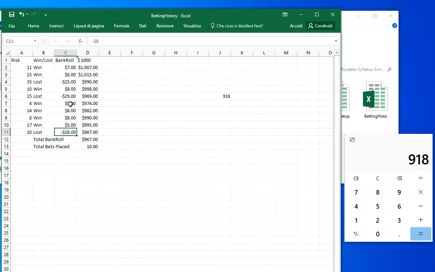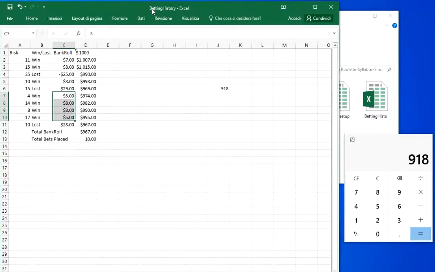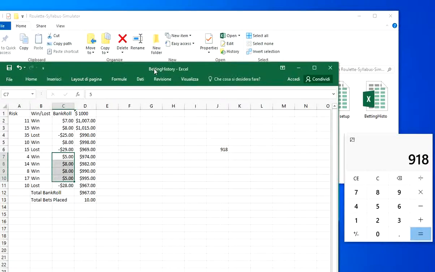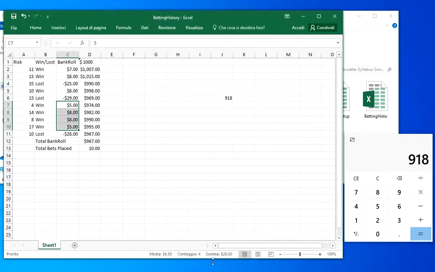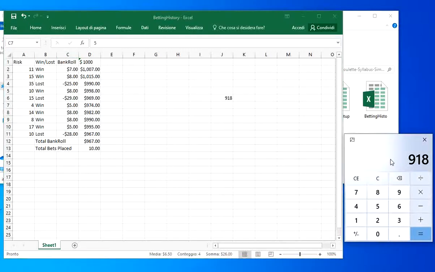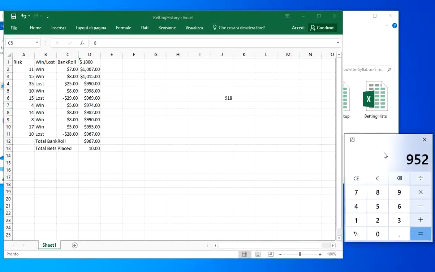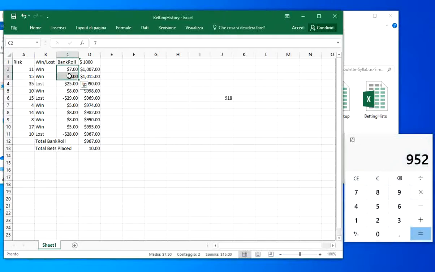Now let's add up the win bets. We add up like this. Excel will just tell us. So we are adding the wins, plus 26, plus 8, and then plus these 2 that were wins, 15.